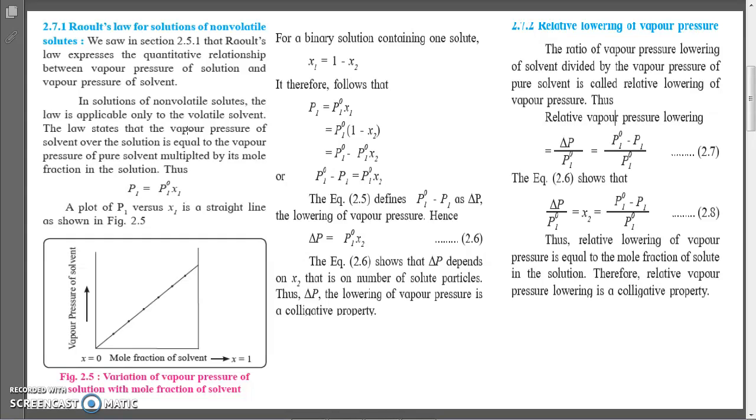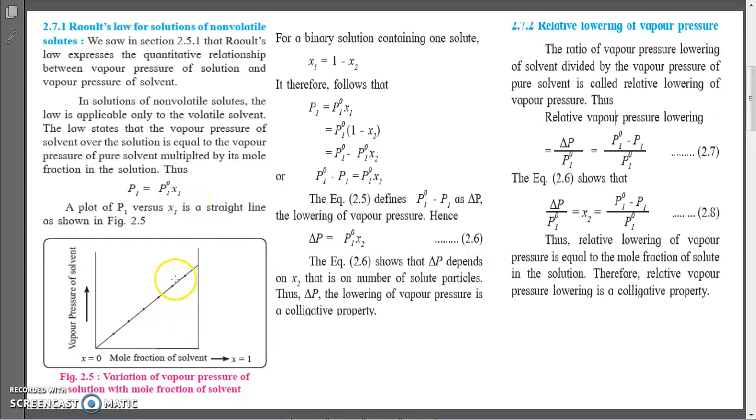This law states that the vapor pressure of the solvent over the solution is equal to the vapor pressure of the pure solvent multiplied by its mole fraction. Mathematically, it is written as P1 is equal to P01 X1.